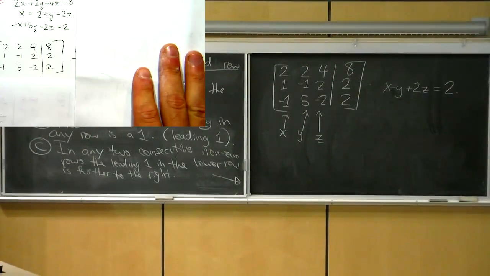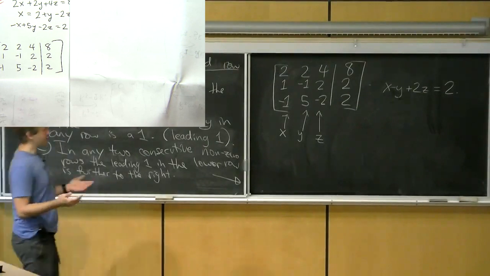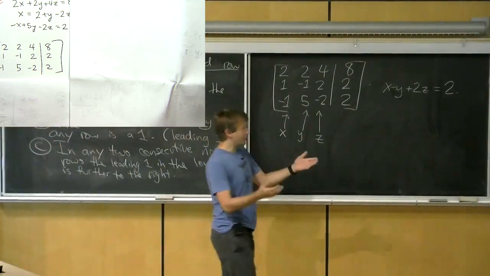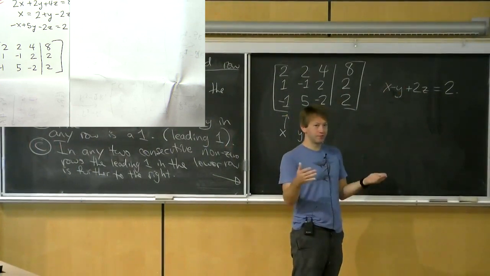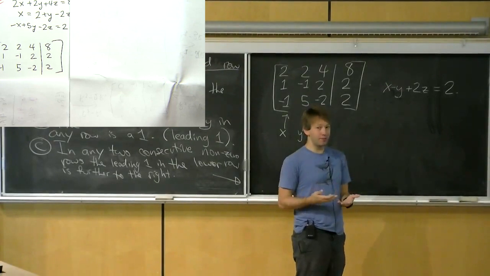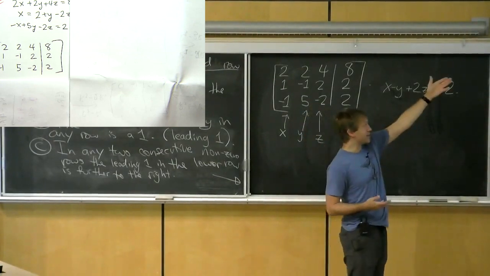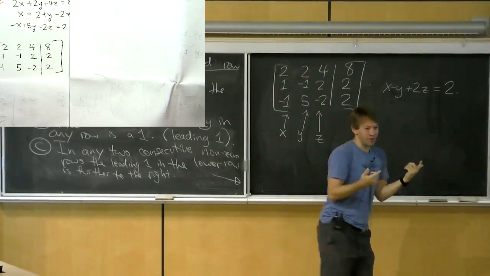Okay, so I've got my matrix now. I want to pivot my first column. Lots of things you could do. You could just take the first row and divide it by 2 to get a 1 there. That would be fine. You have lots of options, right? I could just take my second row and switch it with the first. So that's what I'm going to do.